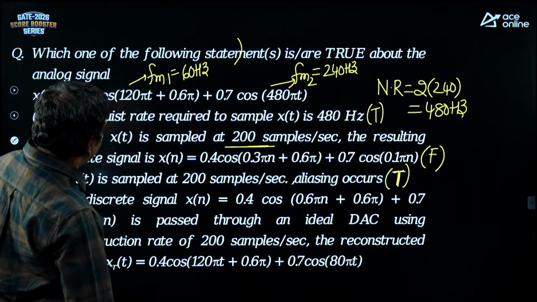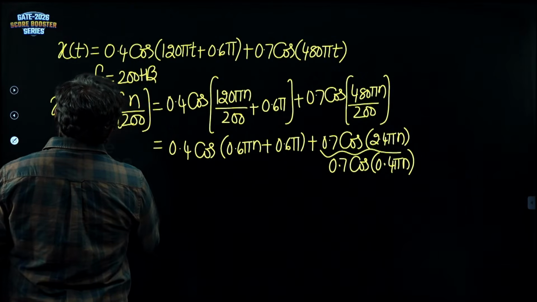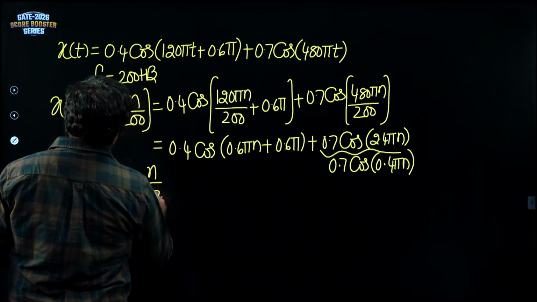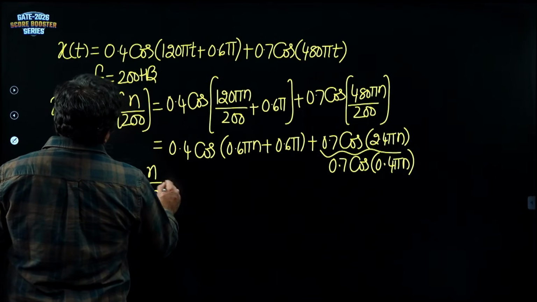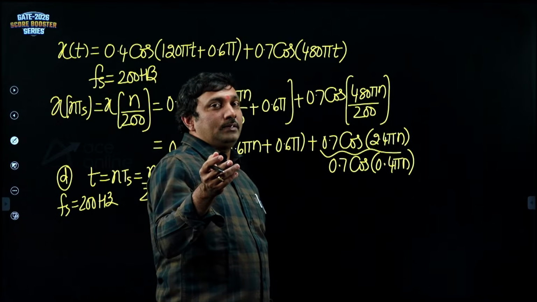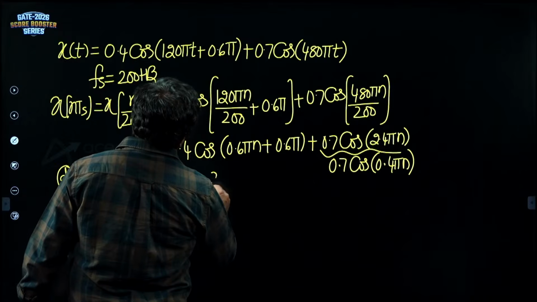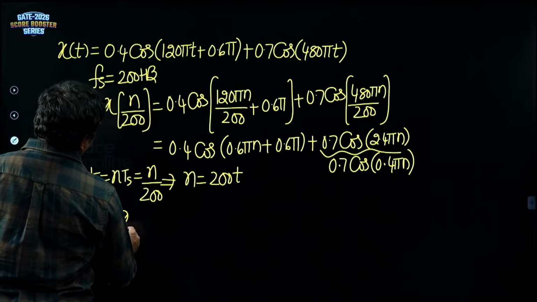What is the sampling rate? 200 samples per second. See, t is n into Ts, that is n by 200. Once we are using an ideal filter, gain is assumed to be 1 if it is not mentioned. So n equals 200 T to convert the discrete form to continuous form.